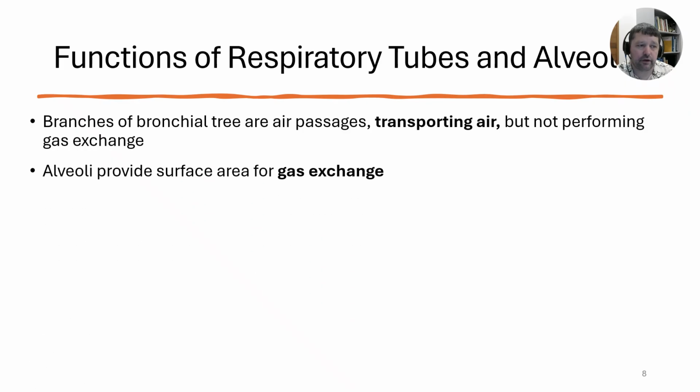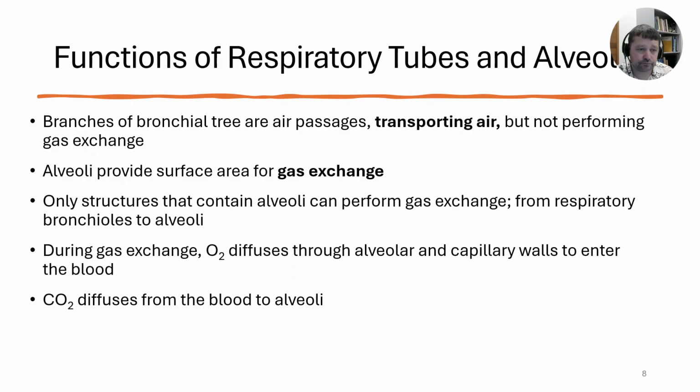Okay, so alveoli is where we have gas exchange. There's lots of surface area. You saw the terminal branches of the bronchi. There's lots of them. Attached to that are all these alveoli sacs that would provide lots of surface area for gas exchange.